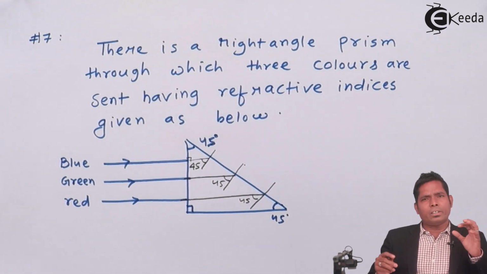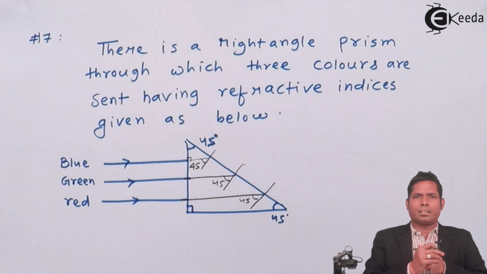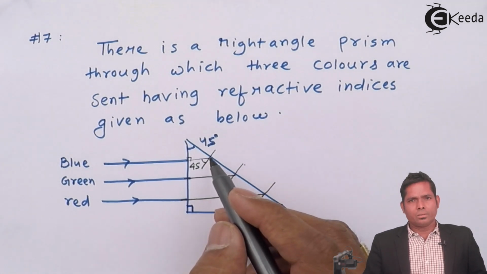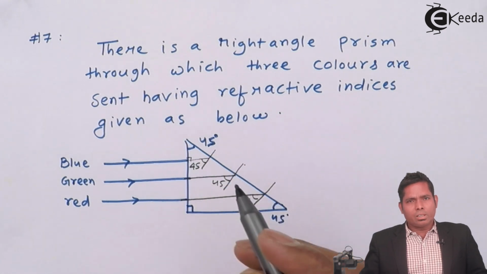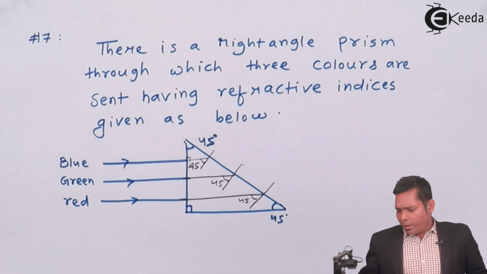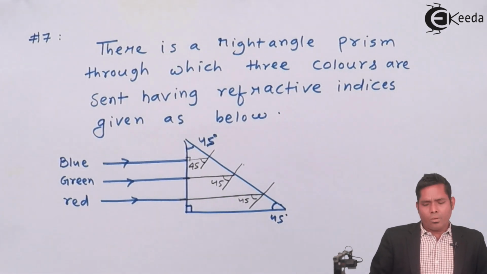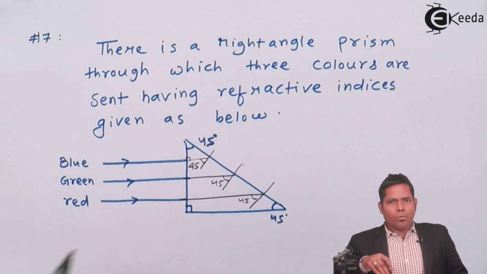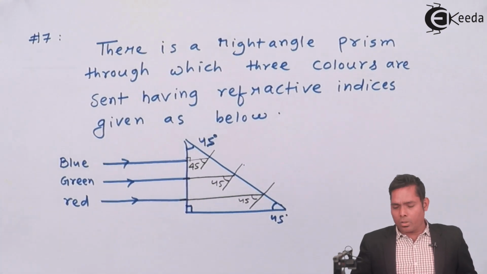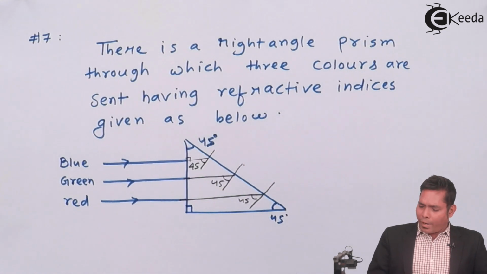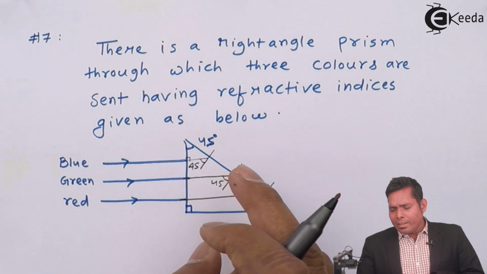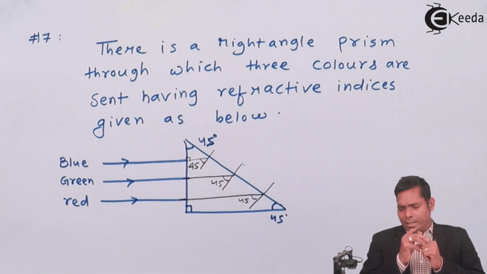If the angle of incidence is greater than critical angle, then only it will undergo total internal reflection. So we'll see if total internal reflection is taking place for all these 3 rays, or 1 out of the 3, or 2 out of the 3, or all of them are undergoing TIR. To find that, we have to find the refractive index responsible for critical angle.